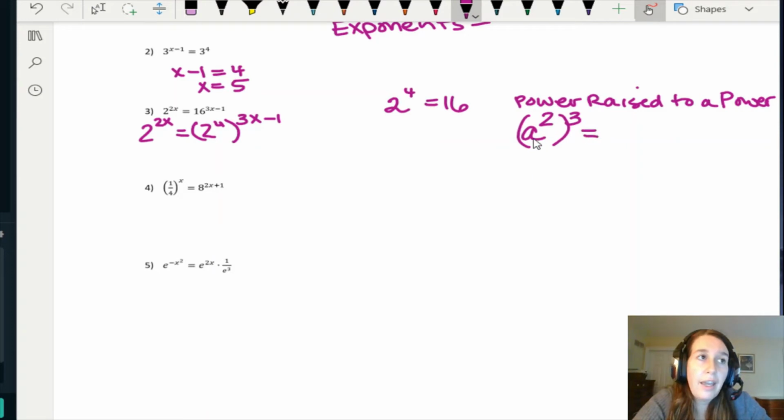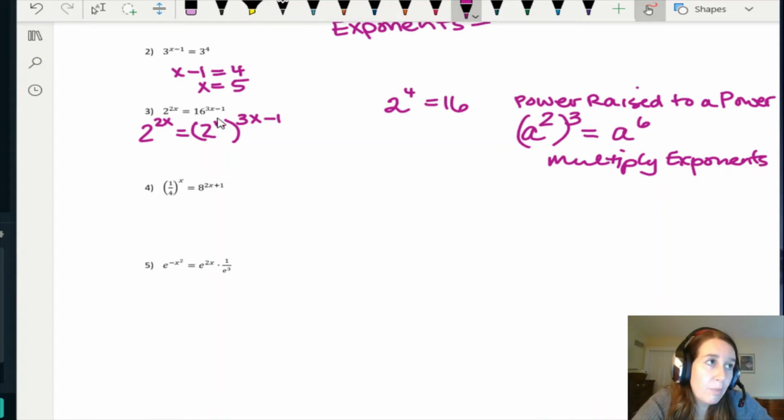So that's a squared times a squared times a squared, because it's 3 times. That is a to the 6th, okay? So the rule is that you multiply exponents. So that's important here because the 4 has to be multiplied by the 3x minus 1.